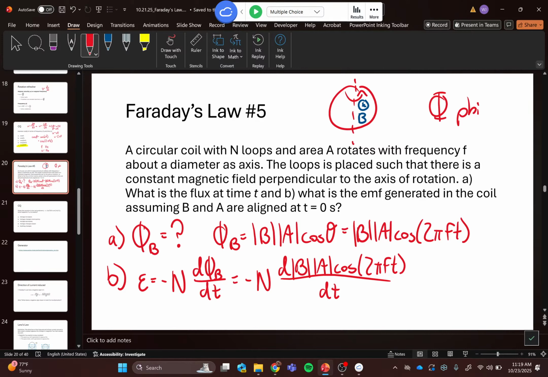B and A are constant, so they get pulled out. Derivative with respect to t. Do it for yourself. Actually do it.